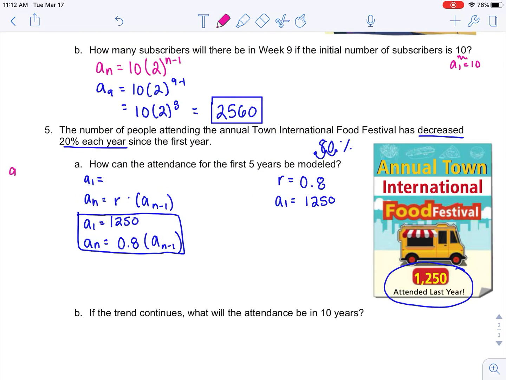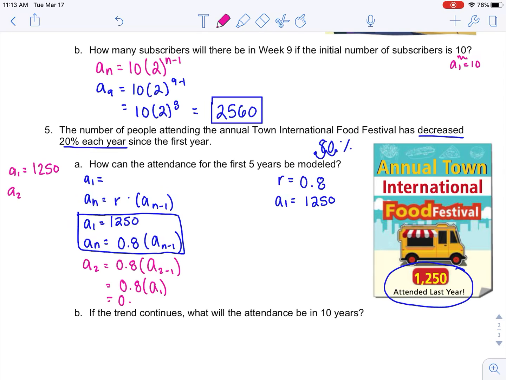So we know our first year. We know a_1, I'm going to write it over here. a_1 we know is 1,250. Now we need to find a_2. To find a_2, we can plug it in. So a_2 is equal to 0.8 times a_(2-1). a_2 minus 1 is just a_1.